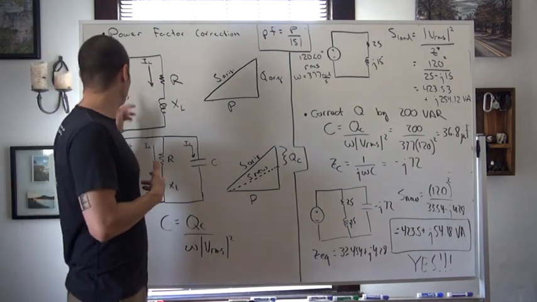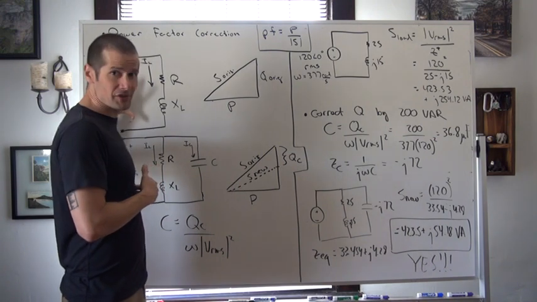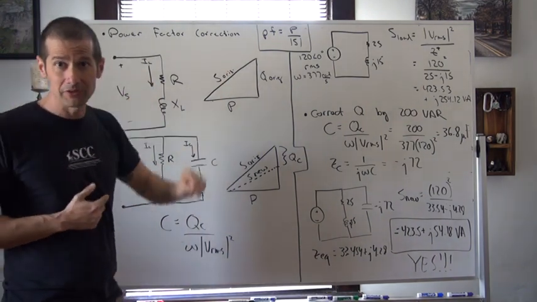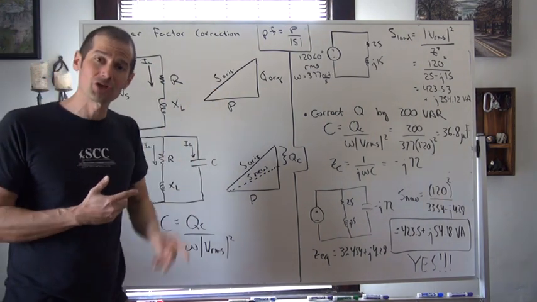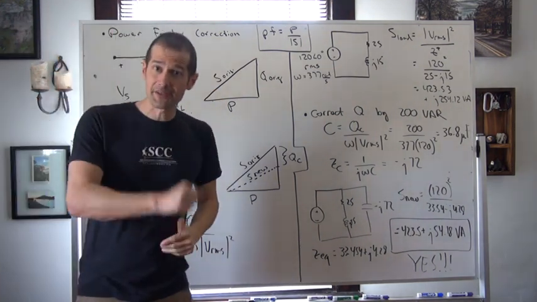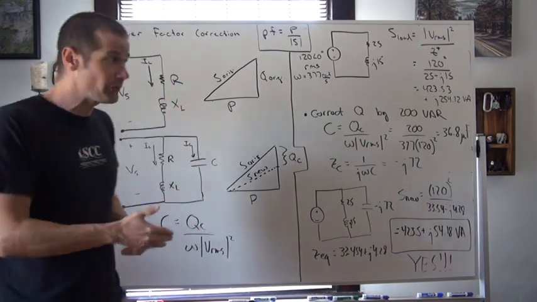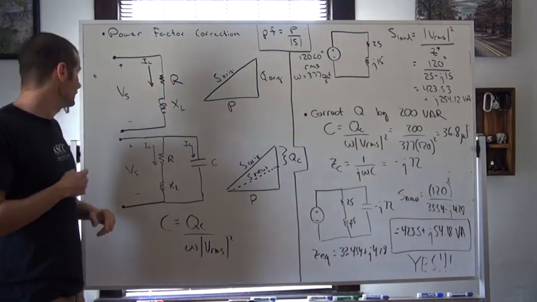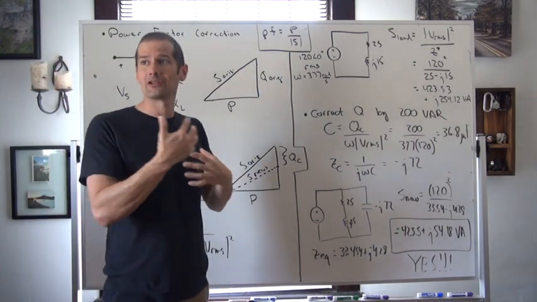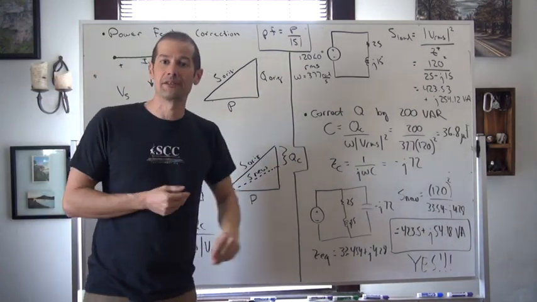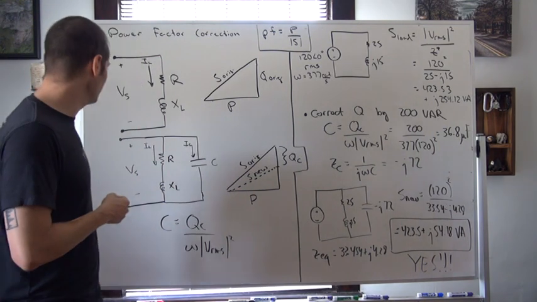So we usually think of keeping the source, that actual source going to the load, parallel with it, because that ensures the voltage will stay the same, and also the current through that load stays the same. And so we kind of neglect, in a sense, that transmission impedance on that line.